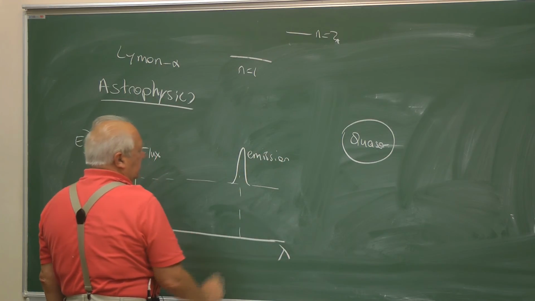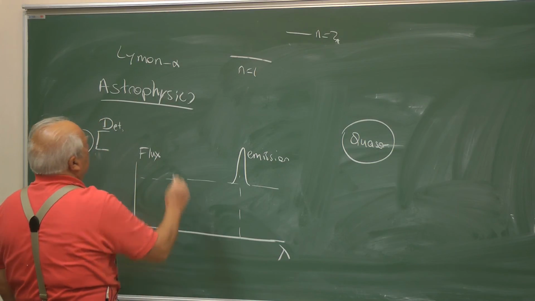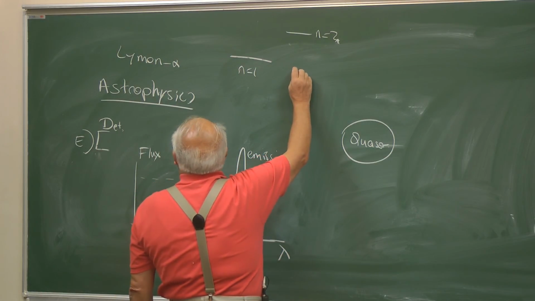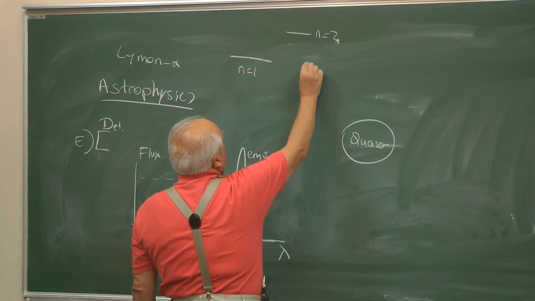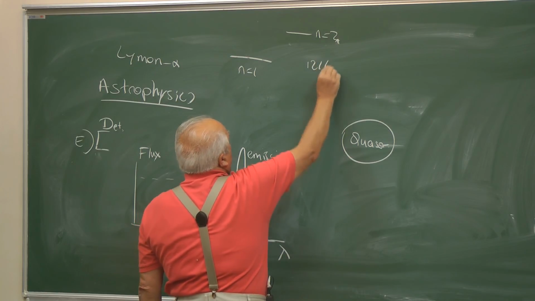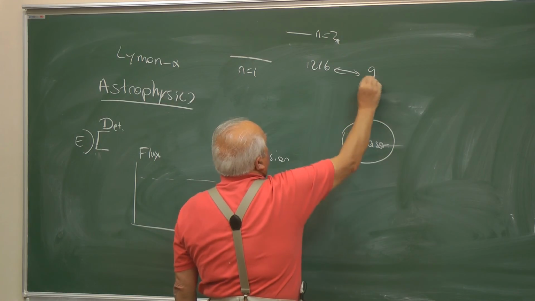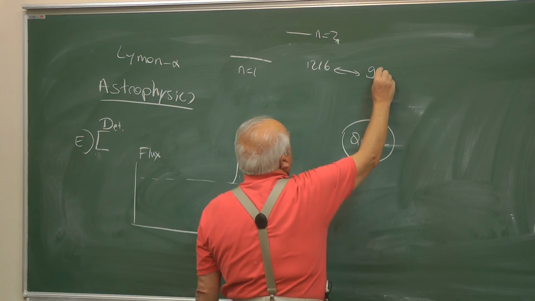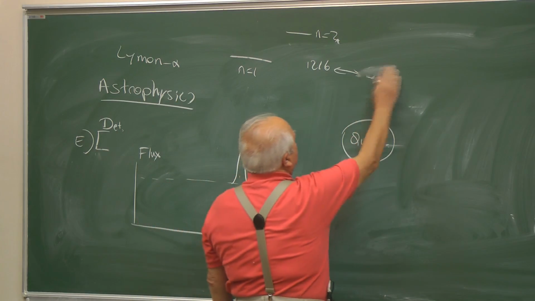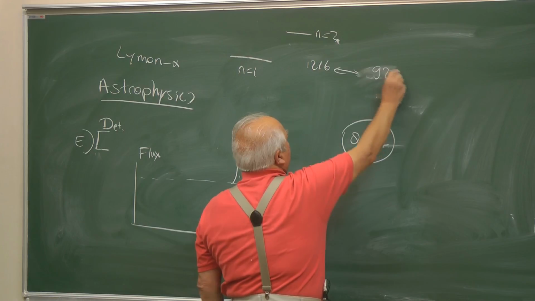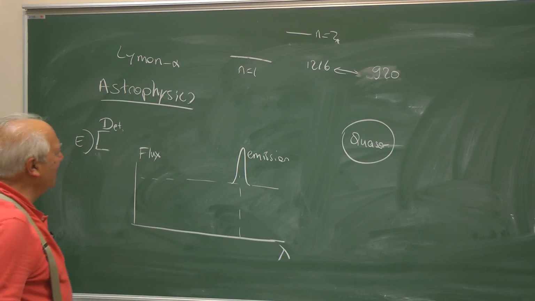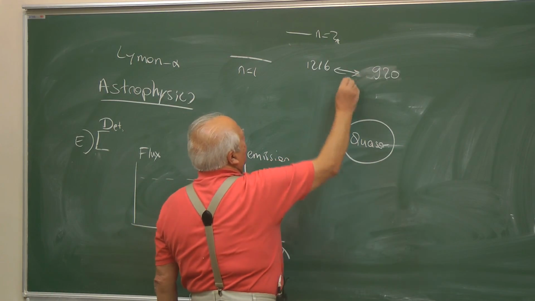But of course, Lyman transitions go from n equals 2 to n equals 1, and the wavelength we found, let's say 1216 angstroms.